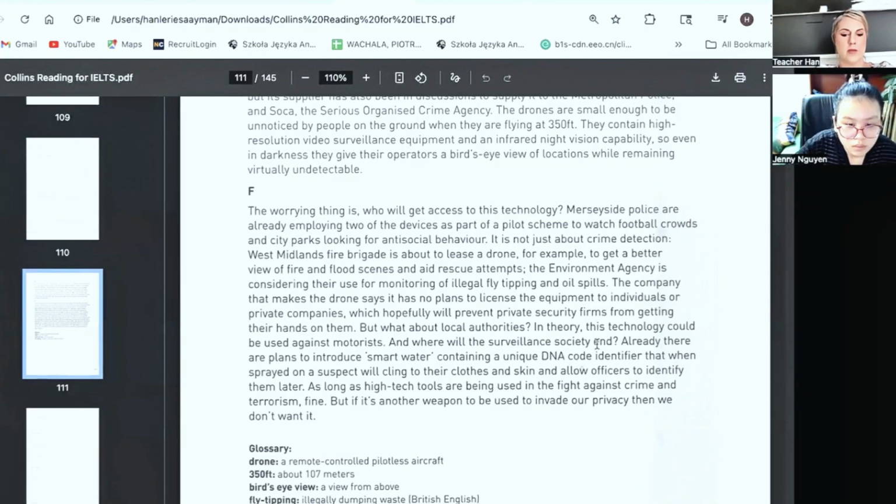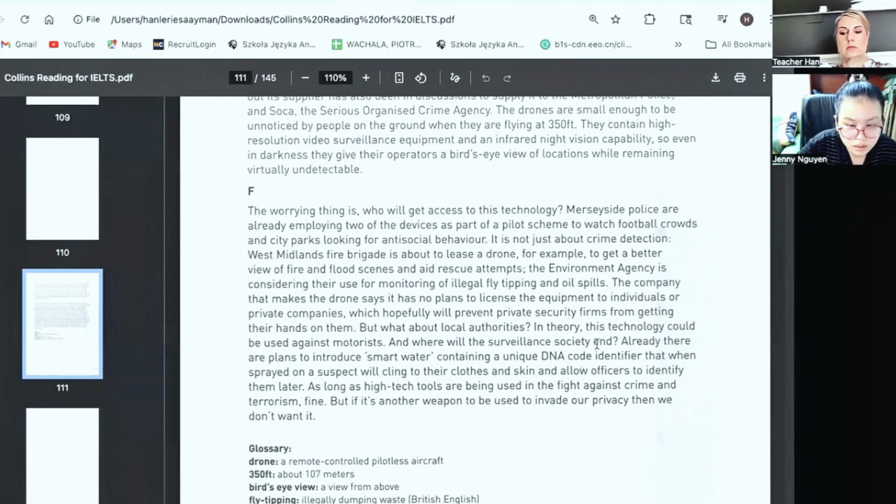The worrying thing is who will get access to this technology. Sussex police are already employing the device as part of a pilot scheme to watch football crowds in City Park, looking for antisocial behavior, not just crime detection.